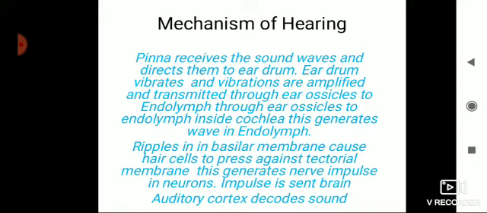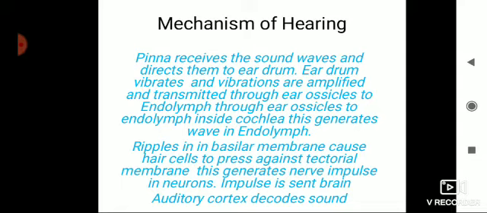Where is the basilar membrane present? Basilar membrane is present in the cochlea. Cochlea has Reissner's membrane and basilar membrane. Basilar membrane has the hair cells. I told you that hair cells have stereocilia and tectorial membrane.